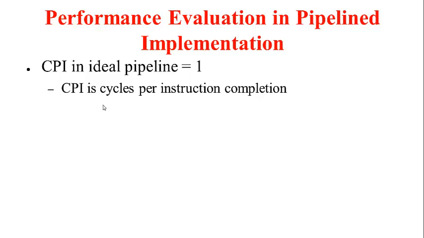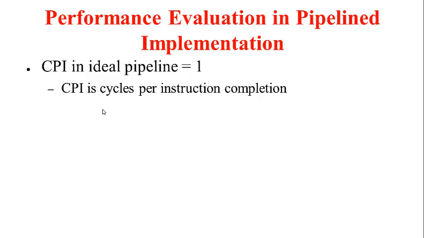This corresponds to the fact that one instruction completes execution in an ideal pipeline every cycle. So here we have modified the definition of CPI slightly by saying that it is the number of cycles taken on average per instruction completion. That is, we look at the end of the pipeline and see the rate at which instructions come out of that pipeline after execution.